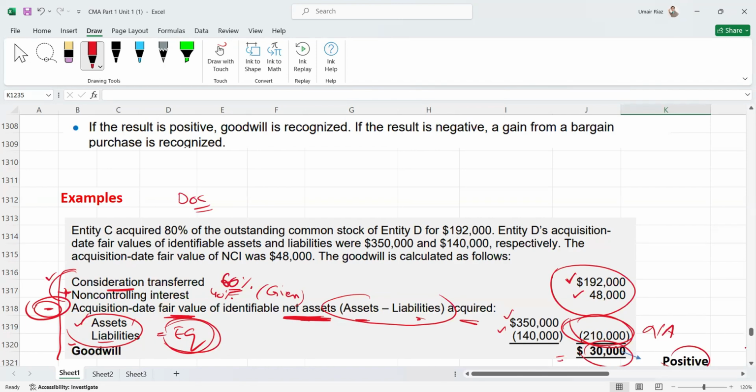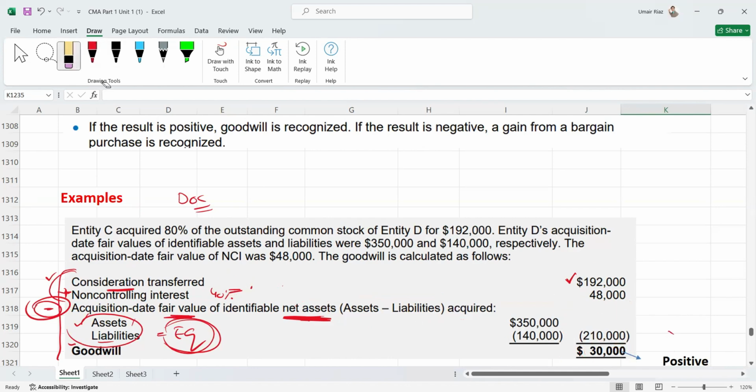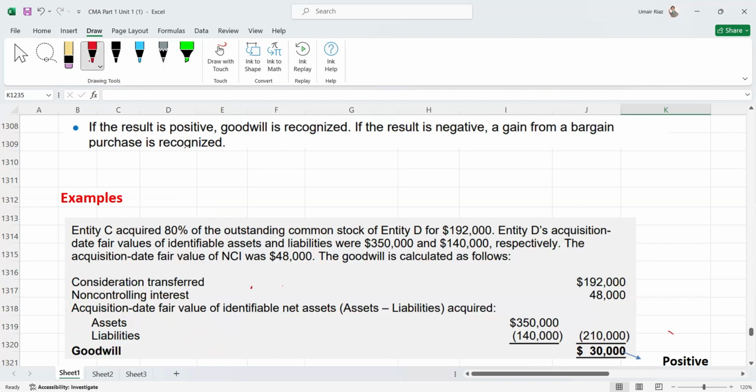So let's go through the examples now. I'll solve the example and show you a few different things with its help. Here we go, guys. For example, entity C acquired 80% of the outstanding common stock of entity D. By the way, 80% is the controlling interest and 20% will be the non-controlling interest, right?